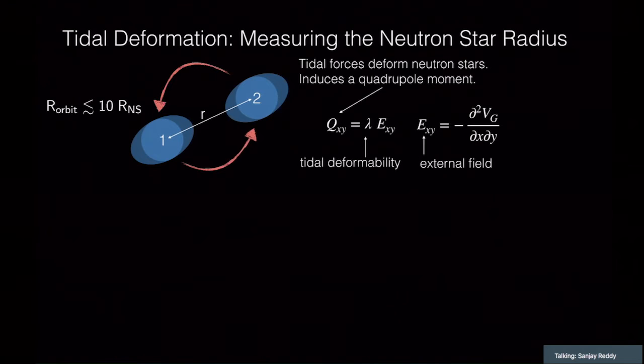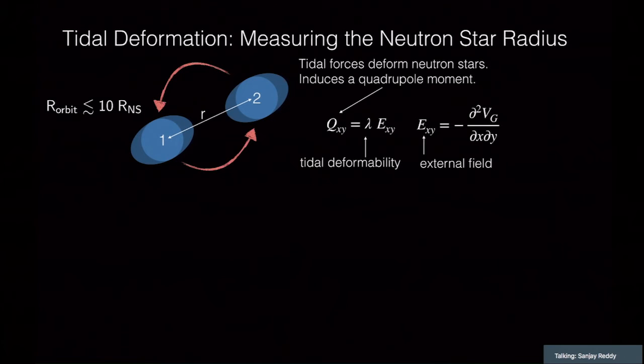If you have two neutron stars that are very close by, the tidal forces from one of the neutron stars will deform the second neutron star. So the tidal force on, say, object 1 due to object 2 produces a quadrupole moment on object 1. If the orbit between the two neutron stars becomes comparable to the radius of the neutron star, these tidal forces become very important.